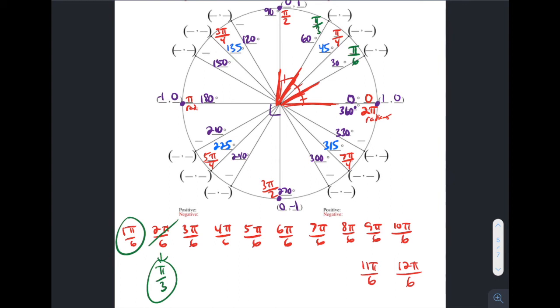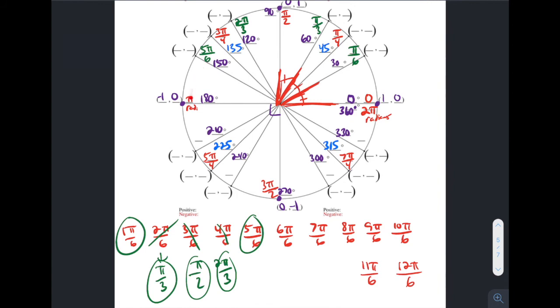If we go another 30 degrees or pi over 6, we're at 3 pi over 6, which simplifies to be pi over 2, which we see on our unit circle already right here. Another 30 degrees takes us to 4 pi over 6, which simplifies to become 2 pi over 3, which is our next radian. If we go an additional angle, we're now at 5 pi over 6, which does not simplify, so we'll just put 5 pi over 6.